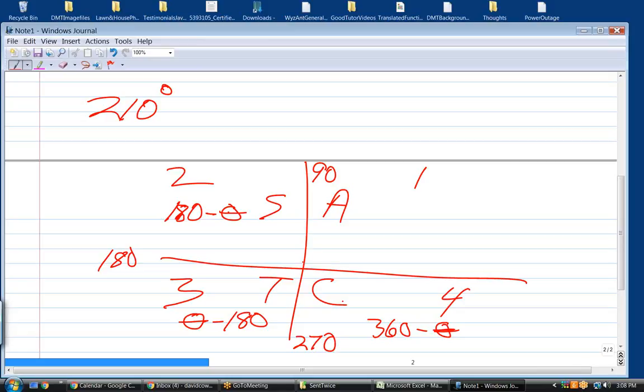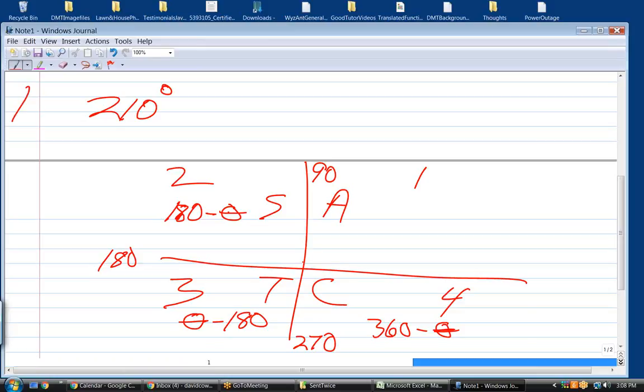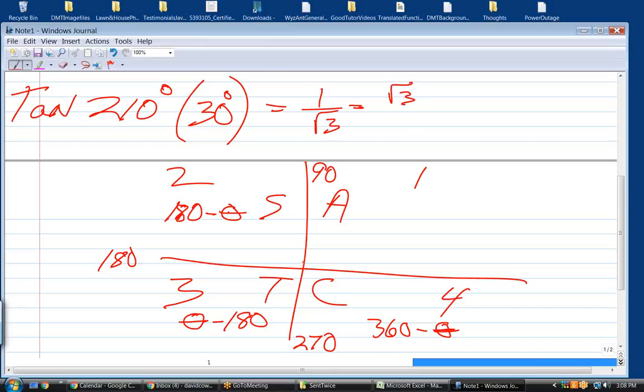Are positive. Correct. So, if I said, what is the tangent of 210? Well, you know that's going to be... The way I like to write this is I put the reference angle in parentheses, like that. So it's the tangent of 30 degrees, which is 1 over root 3, or root 3 over 3, rationalized.